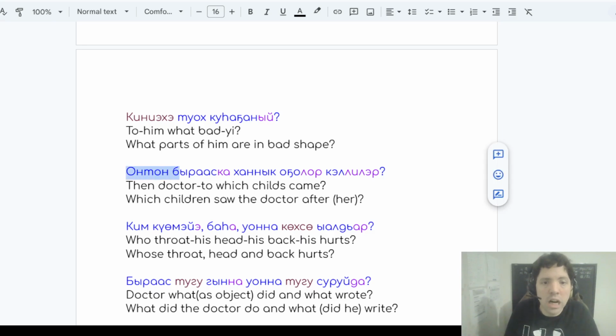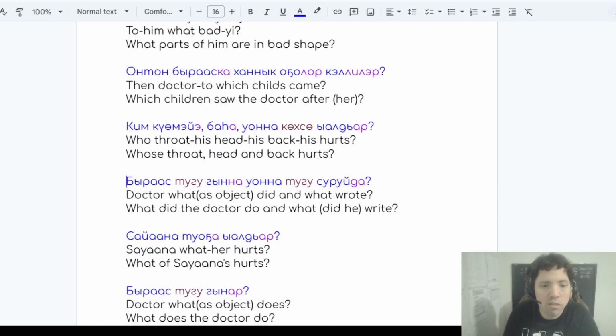Onton baraska handak ağlar keliler. Which children saw the doctor after her? Kim küemeye baha wanda kuksu aljar. Whose throat, head, and back hurts? Baras tugu ganda wanda tugu surwita.